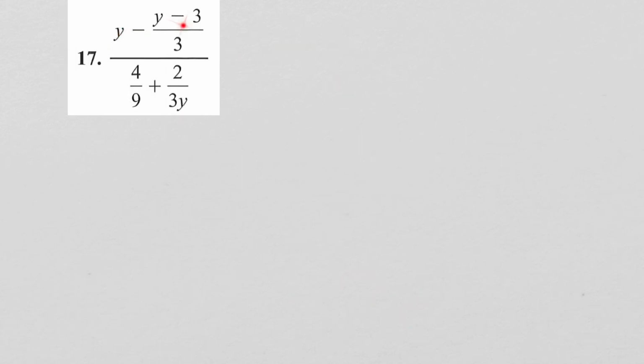Okay, I have multiple terms in both the numerator and the denominator. So I need to multiply each of these terms by the common denominator, which is 9y. Now this is about to get a little complicated looking, so I'm going to write my fraction off.